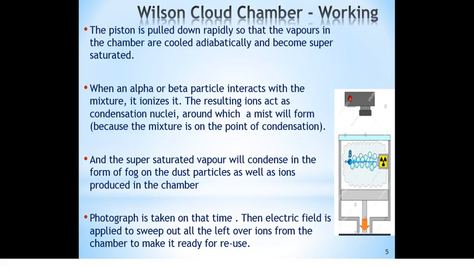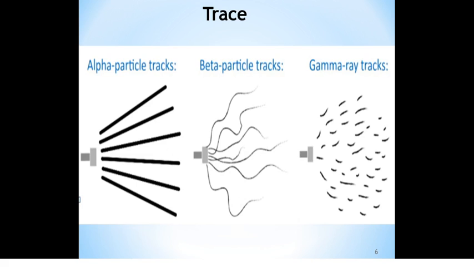And disadvantages: the cloud chamber takes a definite time to recover after an expansion, and second, it cannot be used for detecting high energy particles. So that's about the cloud chamber.